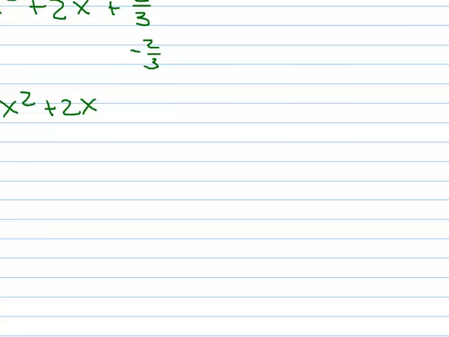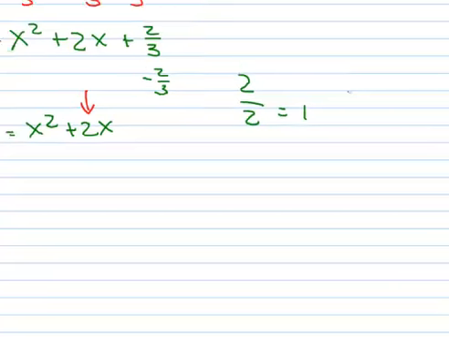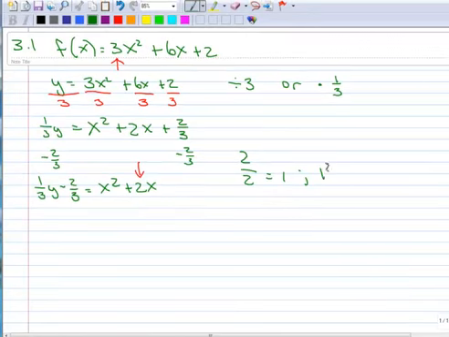So now I'm going to go get the coefficient of the x term, which is 2. And I'm going to take that over to the side. 2 divided by 2 is 1, and when we square the 1, of course, we get 1. So we want to add that 1 to both sides.